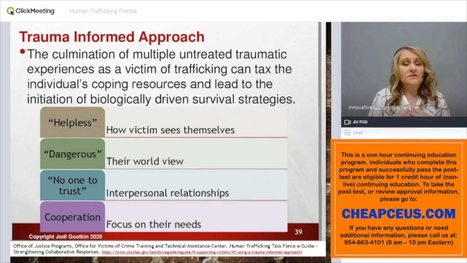So it has a physical consequence on them also, that these individuals may physically and emotionally react to different situations in an unexpected way. So these individuals who are advocates who are completing the assessments recognize that the potential victims see themselves as helpless. The world they live in is very dangerous.